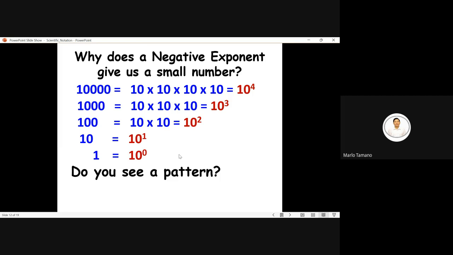And of course, the factors or the power of 10 also increase. Okay. So, 10 to the 0 is 1. 10 to the first power is 10. 10 to the second power is 100.